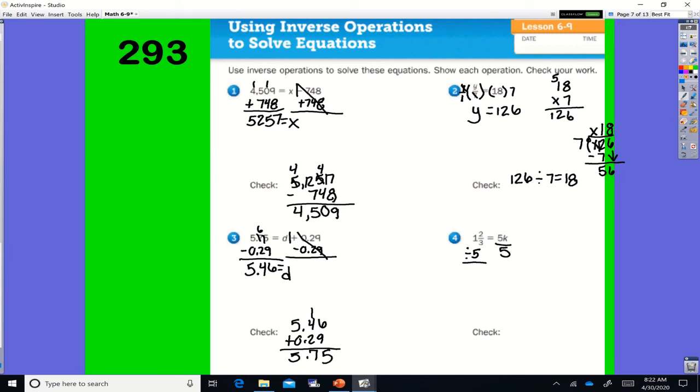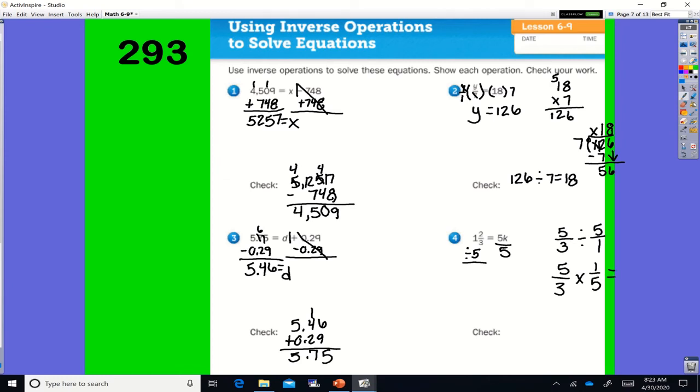Well, when I do this, I need to make this into an improper fraction. So 3 times 1 is 3, plus 2 more is 5. Leave our denominator the same. And then this, our 5 is 5 over 1, because it's the same thing as 5. We do keep, change that to multiplication, and then we flip this.